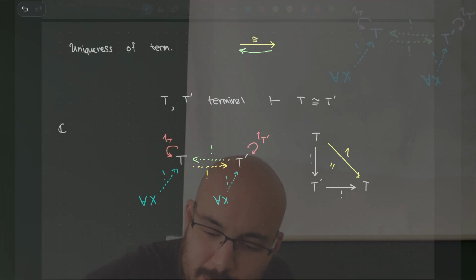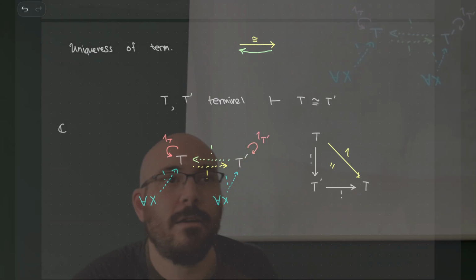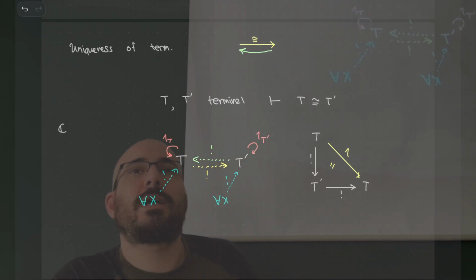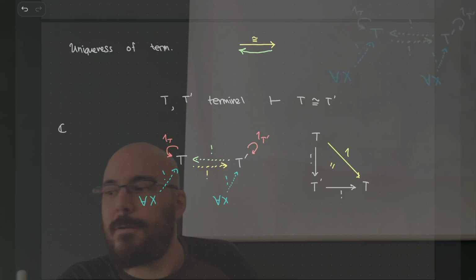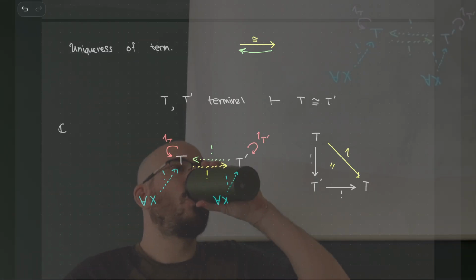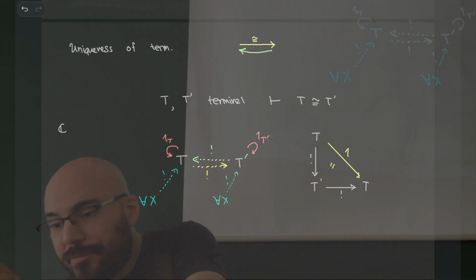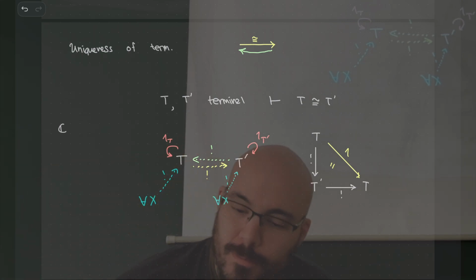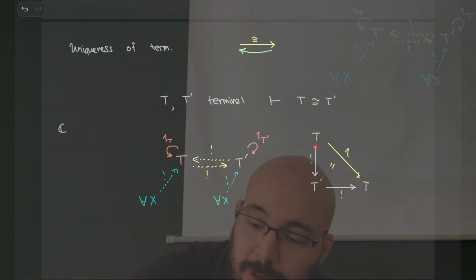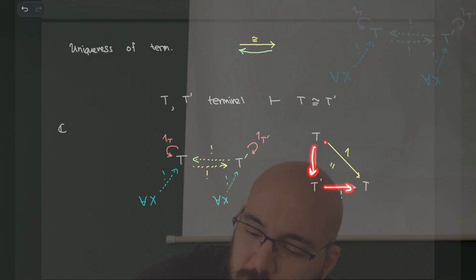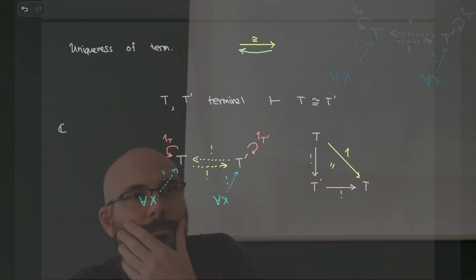That the bang times the bang is equal to 1. Okay? Where do I get that from? It could very well be that this, composed with this, is not the identity, it's some other weird arrow from T to itself.